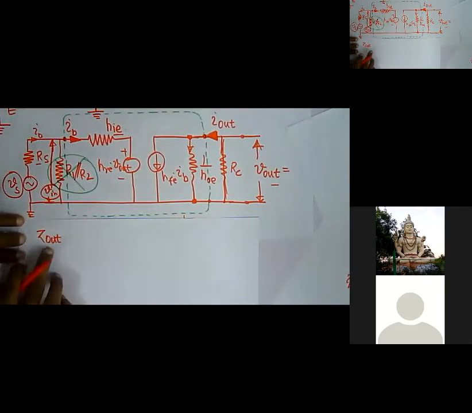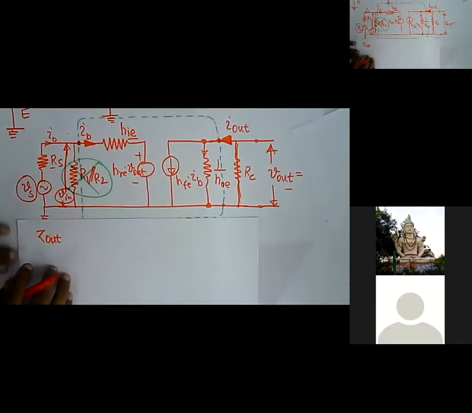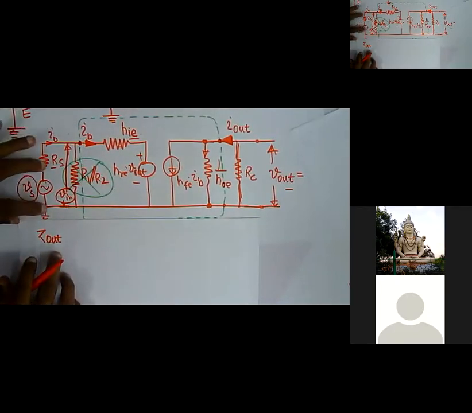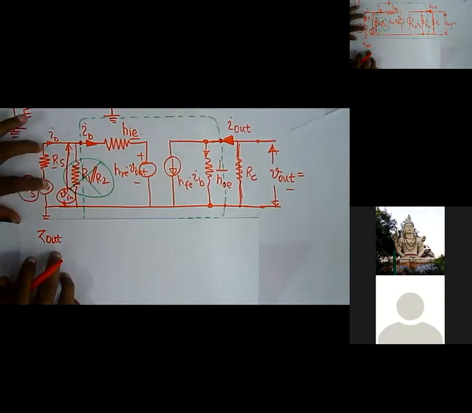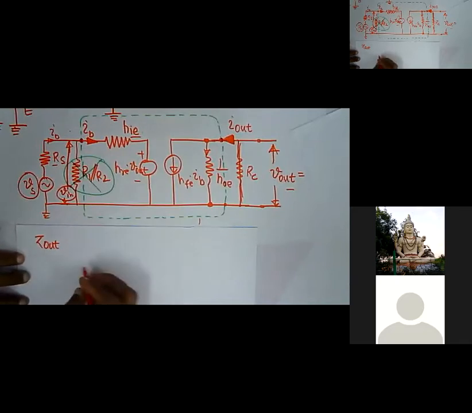To measure Z out, you need to redraw the circuit again. First of all, you need to short circuit the input supply, the input power supply.